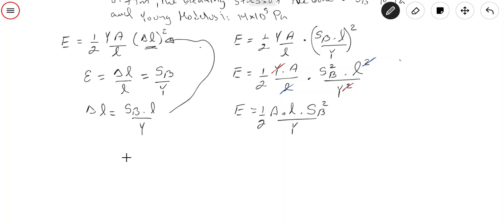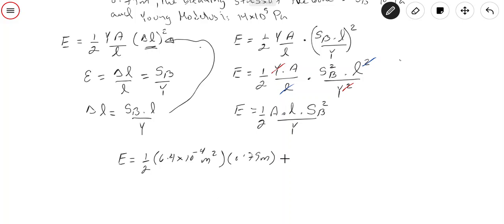So now we know that the energy would be 1 over 2 times the area. This area we know that is 6.4 times 10 to the negative 4 meters squared, times the length, that is 0.79 meters, times the square of the breaking stress.